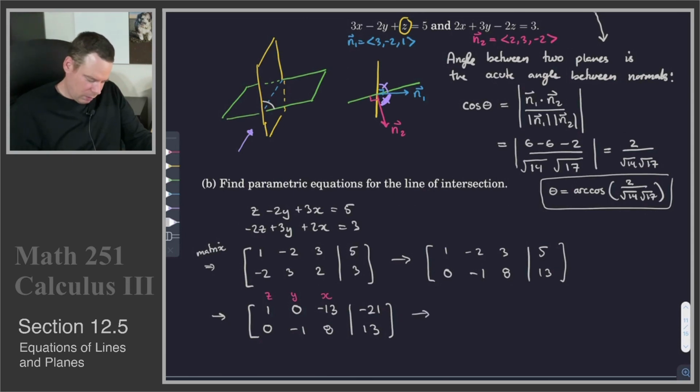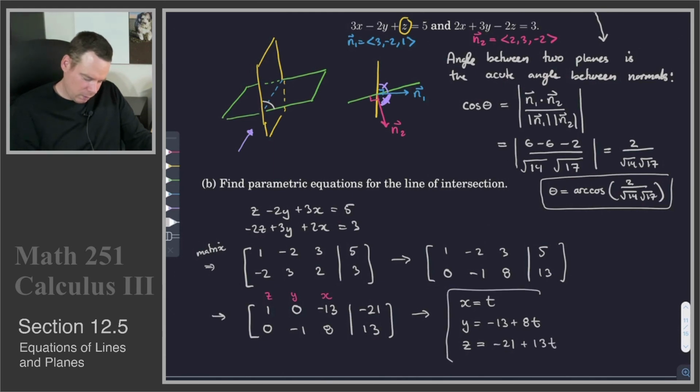So this tells me that x is our free variable, so x is t. The last equation is negative y is equal to 13 minus 8x, or y is equal to negative 13 plus 8t. And the first line of that row-reduced augmented matrix is z is equal to negative 21 plus 13t.